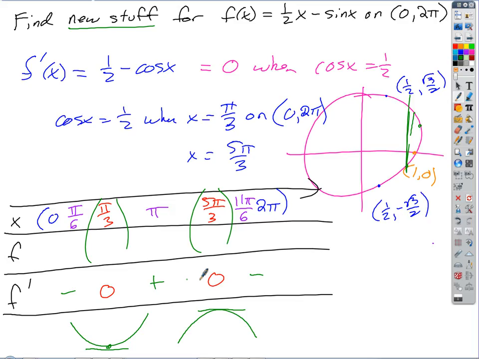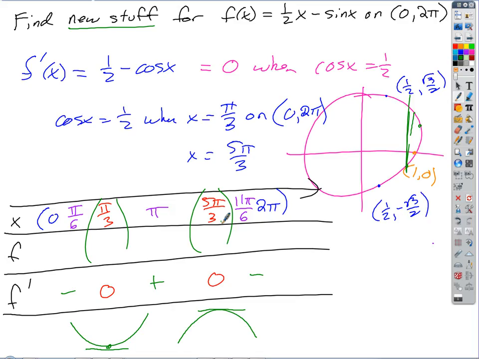Remember, when you're doing a compound inequality, you always start with the angle. So x is greater than pi thirds and less than 5/3 pi, right? Everybody see that? But if you're putting that in the computer, it's just like 5 over 3.